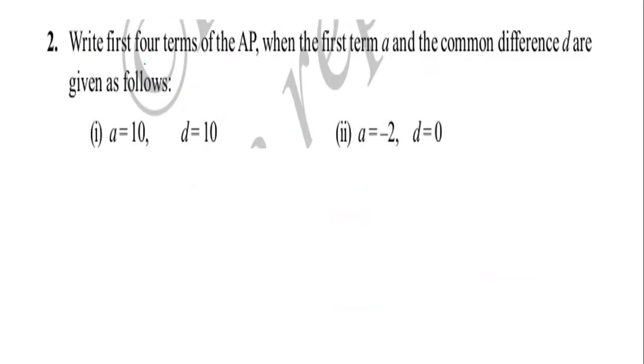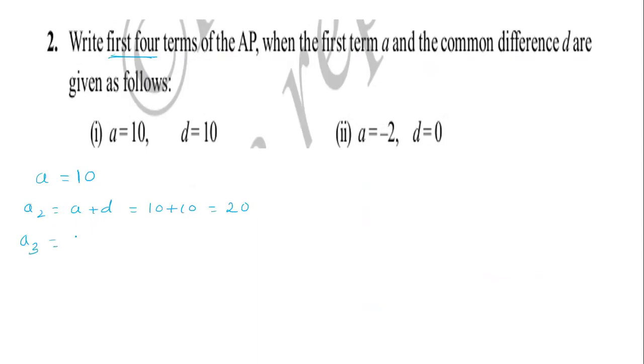Second one, write the first four terms of the AP when the first term A and the common difference D are given as follows. First, A is equal to 10, D is equal to 10. They are asking for the first four terms. First term is A, 10. Next, A2 is equal to A plus D, 10 plus 10 is equal to 20.